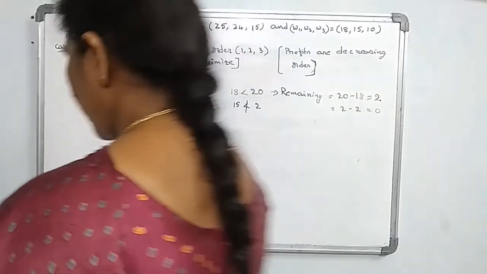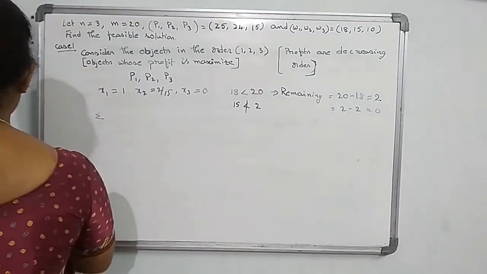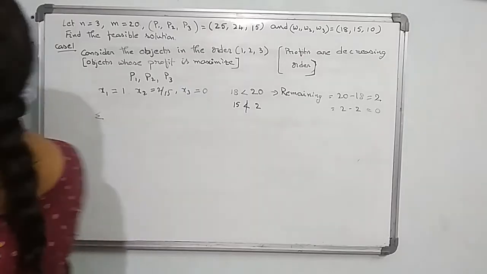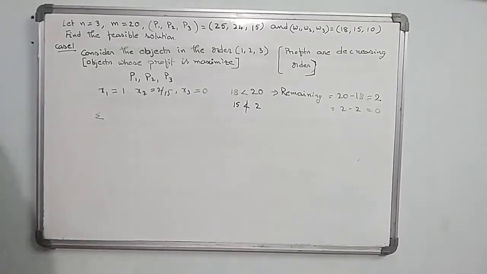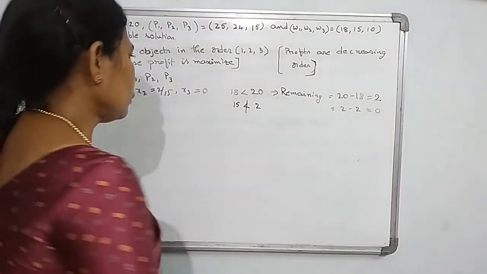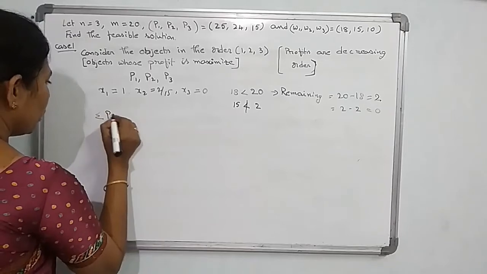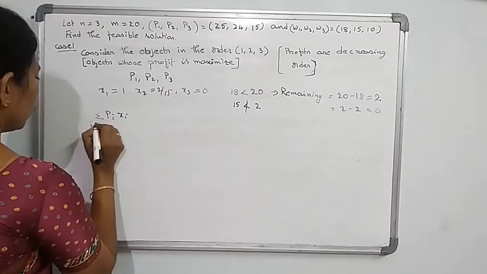Now we can find out the sigma pi xi, i equal to 1 to n.